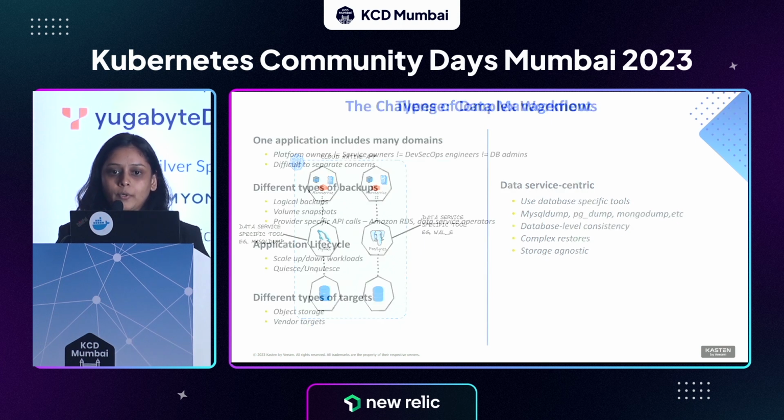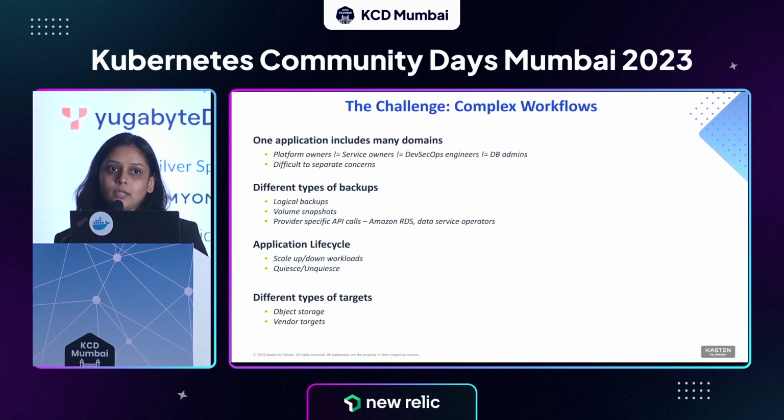So considering all these approaches, they have different pros and cons when it comes to speed, consistency, and cost as well. Typically, a cloud-native application has different types of owners, and each of the owners has different requirements when it comes to protecting different parts of the application. Some of them may need logical backup, some of them may need volume snapshots, some of the databases may reside on, for example, Amazon RDS, so we may need to make Amazon specific calls.